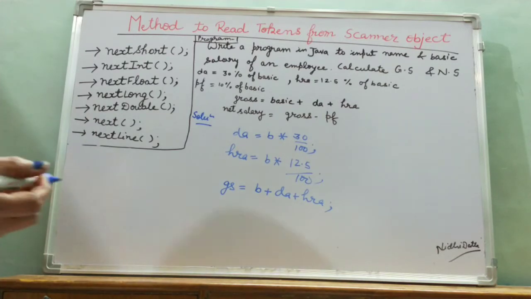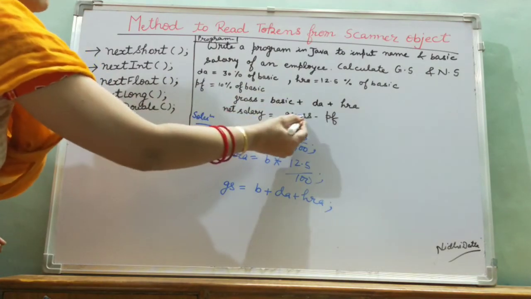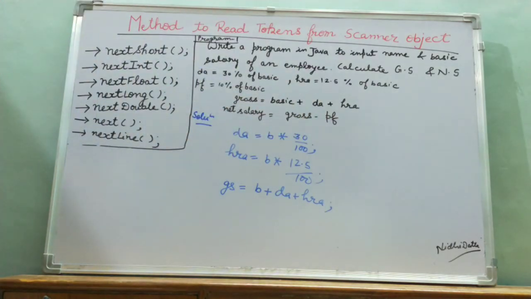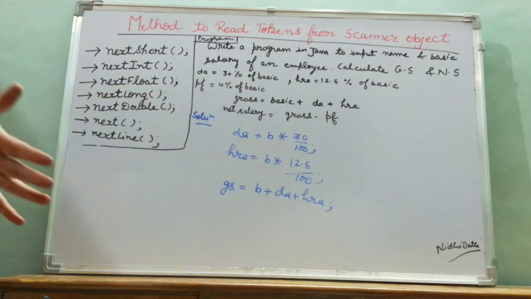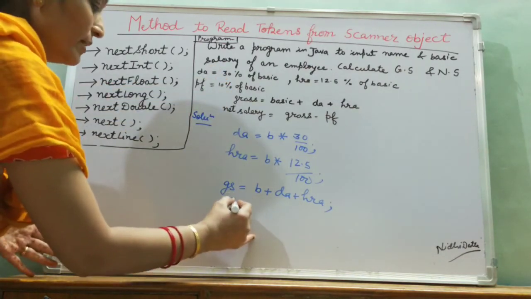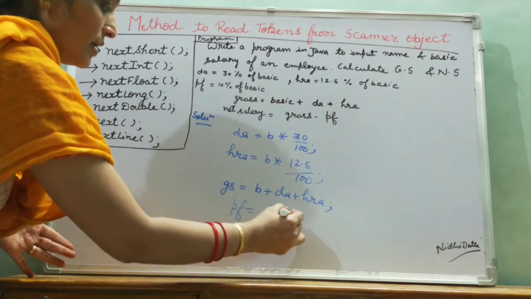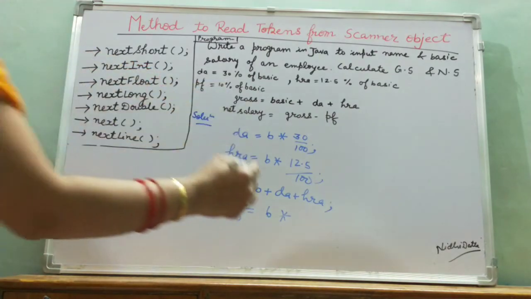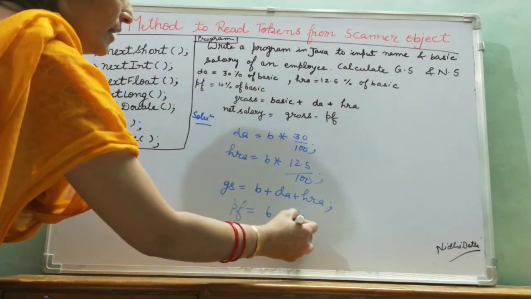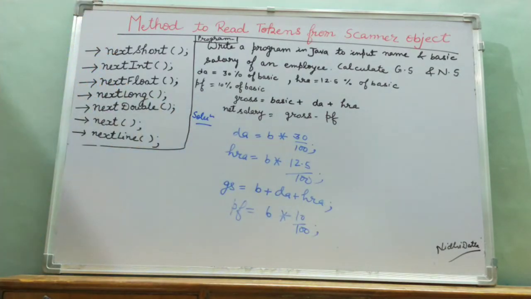Then we can also find out the net salary. The net salary formula is gross minus PF, and on the PF also a percentage is given, 10% of the basic salary. So first calculate the PF. PF is equal to basic salary into how many percent? 10% is given, so 10 upon 100. Then we can calculate the PF on the basic salary.